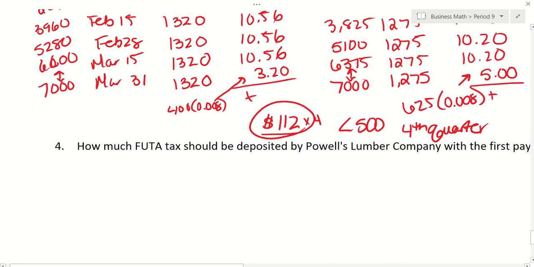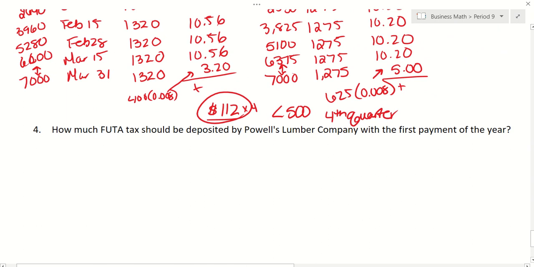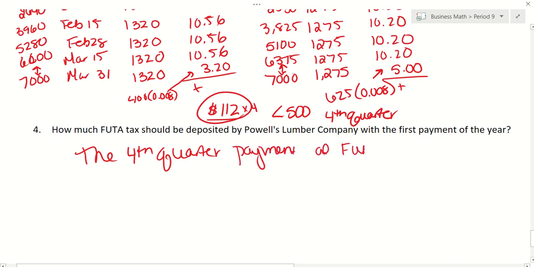So now this question says, how much tax should be deposited by the company with the first payment of the year? So the fourth quarter payment of FUTA tax, which we just found out above, is $112.